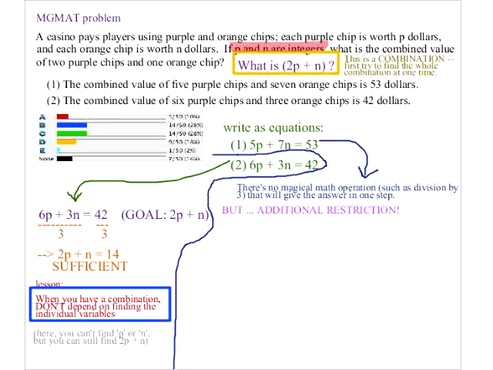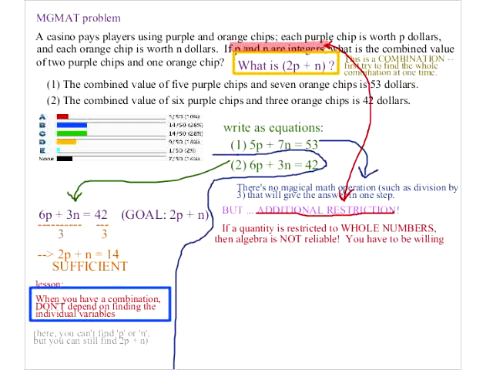So no, you wouldn't want to, but if you wanted to, sure, you could knock yourself out. But here there's no reason to. This is an additional restriction. The additional restriction is that they have to be integers. And so the major takeaway from this problem today is that if a quantity is restricted to whole numbers, then you have to be willing to test numbers. Algebra is not reliable.